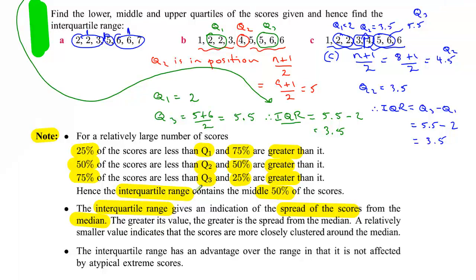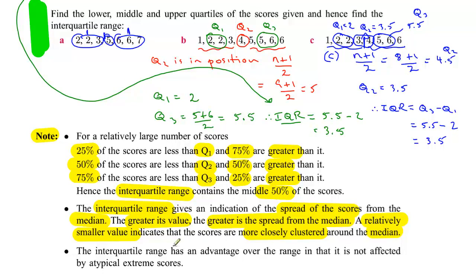The range looks at the top score and the bottom score, but the interquartile range looks at how far things are spread from the median. The greater the value of the interquartile range, the further the spread of the scores from the median. If you've got a relatively smaller value, then it's more closely clustered around the median. So it gives an idea of spread.